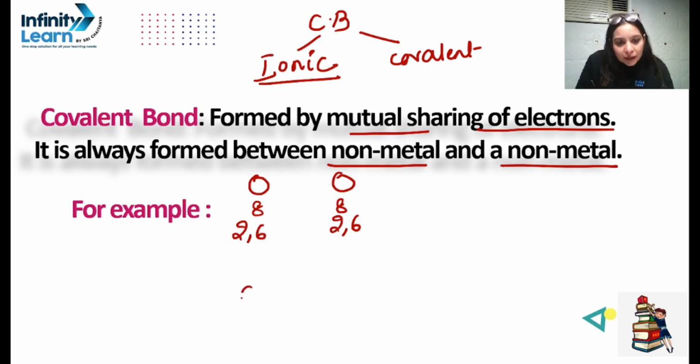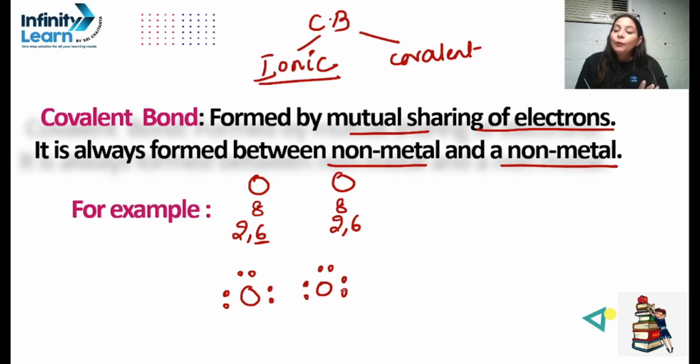So we will represent one oxygen and arrange these 6 valence electrons in such a way that the electrons it needs are put towards the other atom. So 2, 4 and 6. This is how you will arrange. Same way in another oxygen you will arrange in this way.